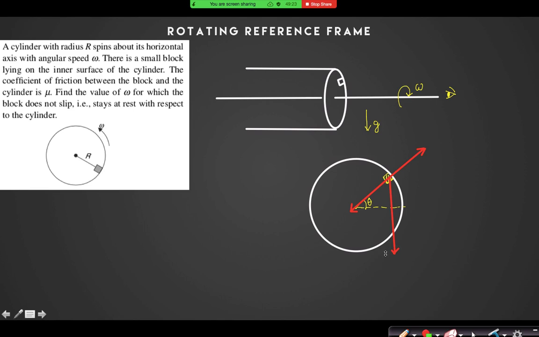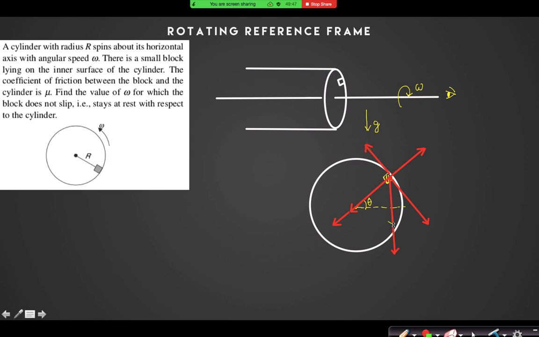Weight is there. So there will be two components of the weight, along this line and along this line. Now you can see that this component of the weight is balanced by normal reaction, but who is going to balance this tangential component of the weight? Friction. Definitely the friction force, right?